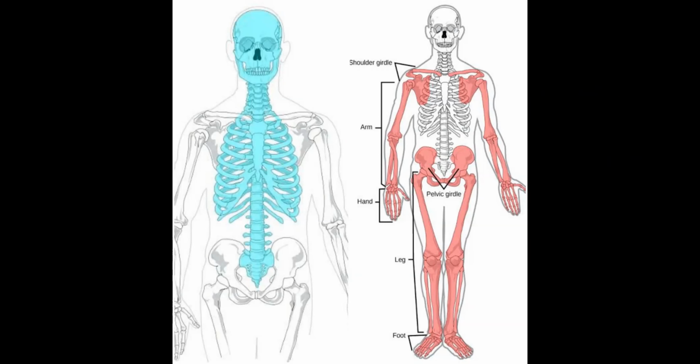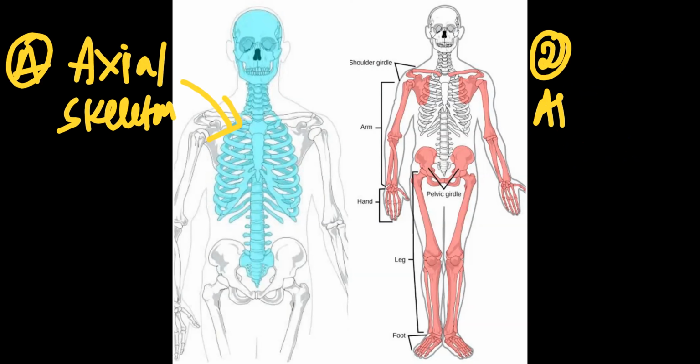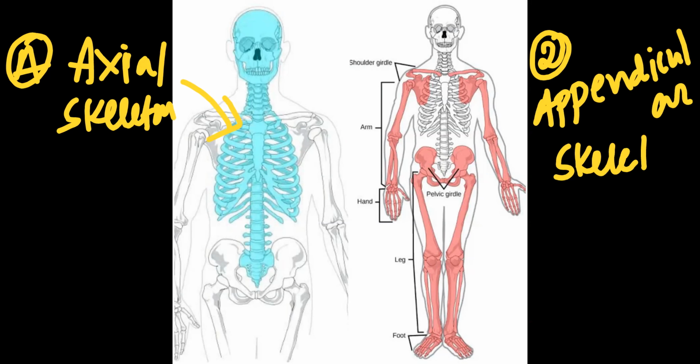These bones are divided into two categories: one is the axial skeleton, and another one is the appendicular skeleton.